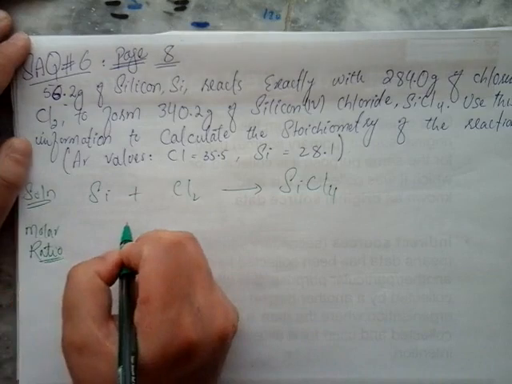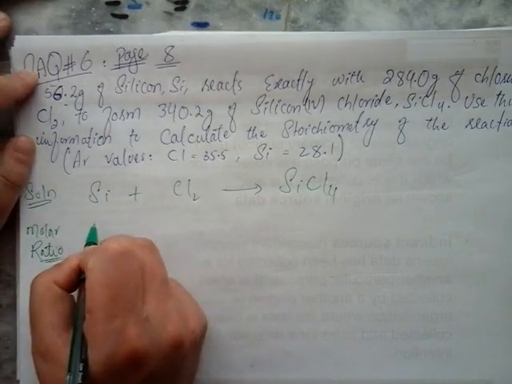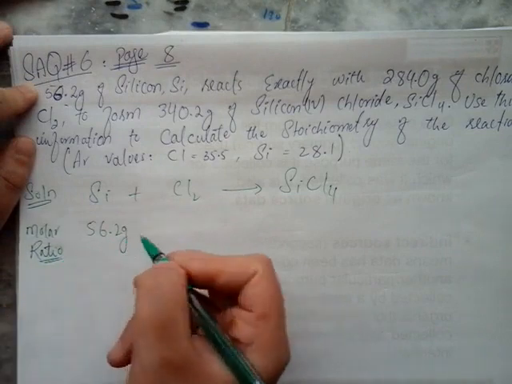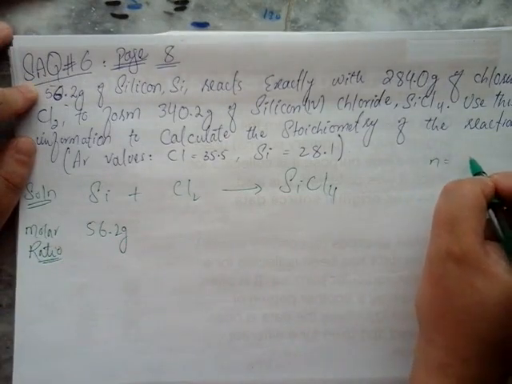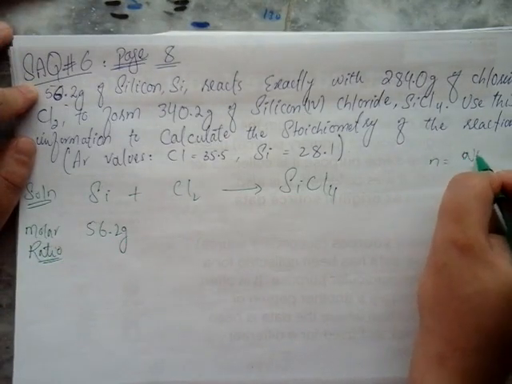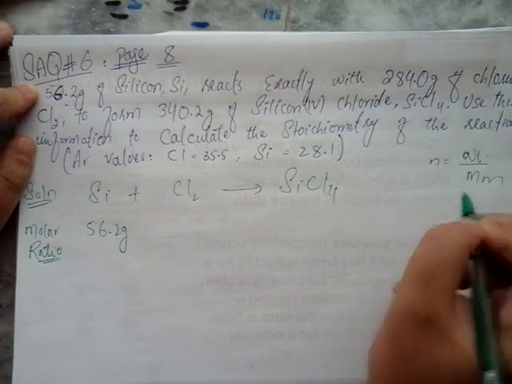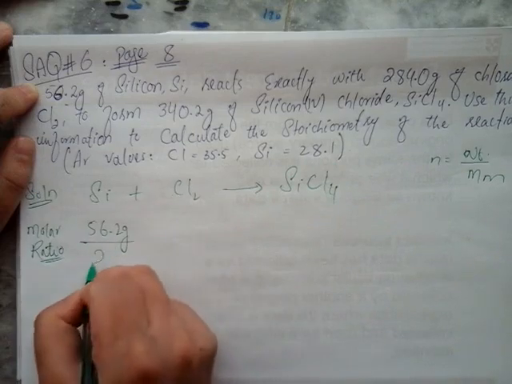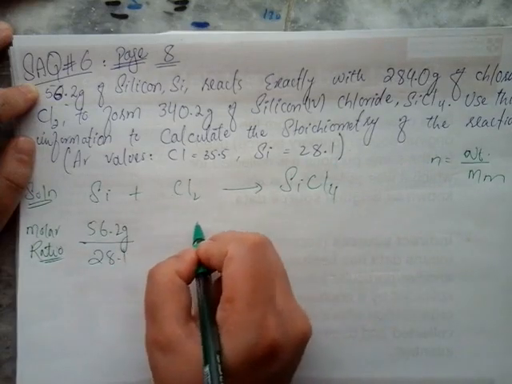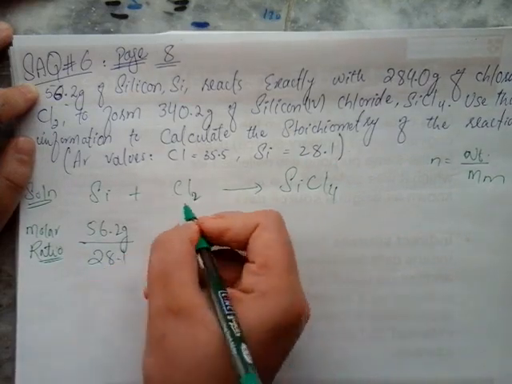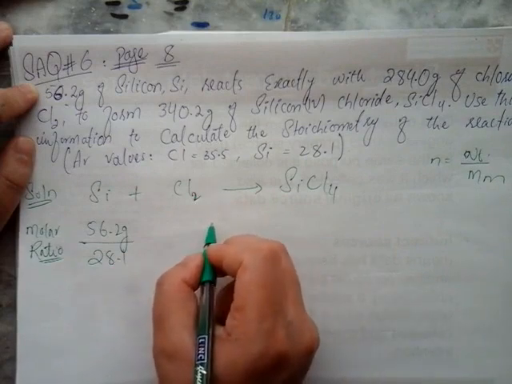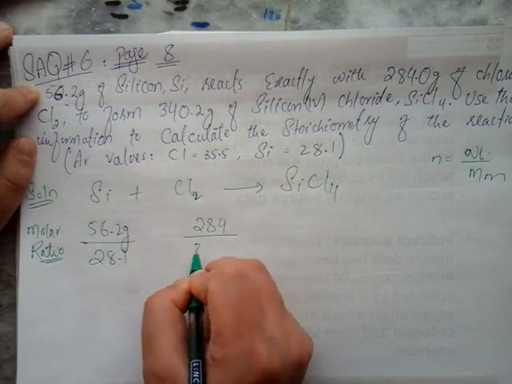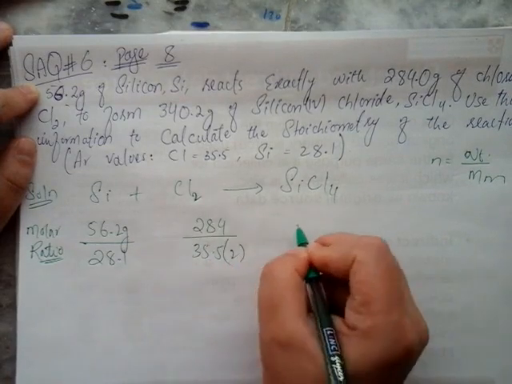Now in the second step we have to find the molar ratios of all the reactants and products. Here we know that silicon weight is 56.2 gram. We know that moles are equal to weight in gram divided by molar mass. Now the atomic mass of silicon is 28.1, and for chlorine, there are 2 atoms of chlorine in one molecule, so chlorine is 284 divided by 35.5.